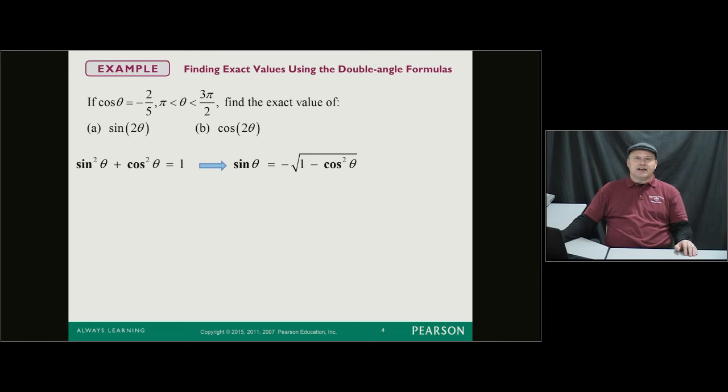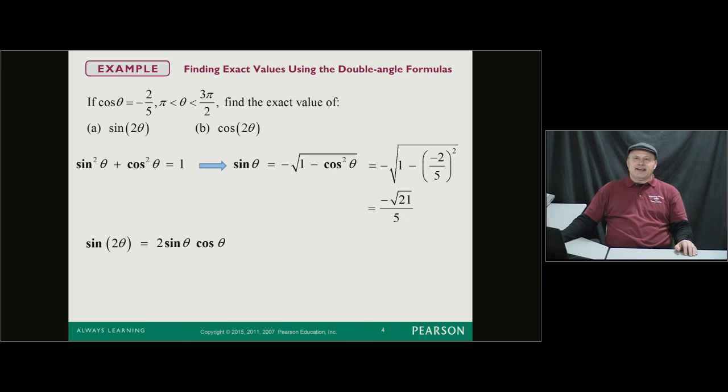So now that I know cosine of theta is negative 2/5, I drop it in. So it's going to be negative square root of 1 minus the negative 2/5 squared. And it ends up being negative root 21 over 5. So that's what sine of theta is. So if I want to figure out what the sine of 2 theta is, I use the formula 2 sine of theta times cosine of theta.